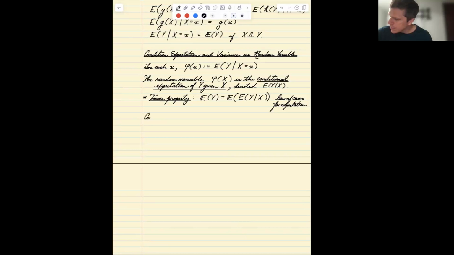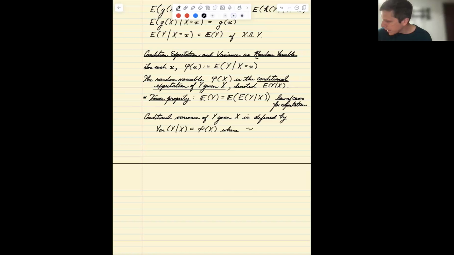The conditional variance works much the same way. So the conditional variance of y given X is defined by variance of y given X equal to psi of X, where psi is defined in the analogous way.